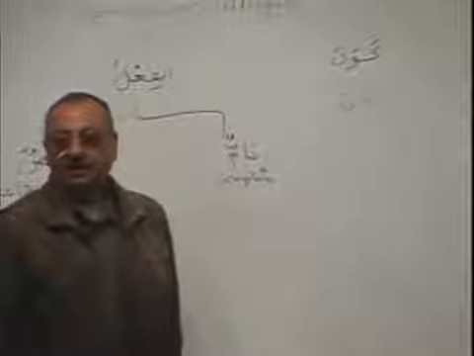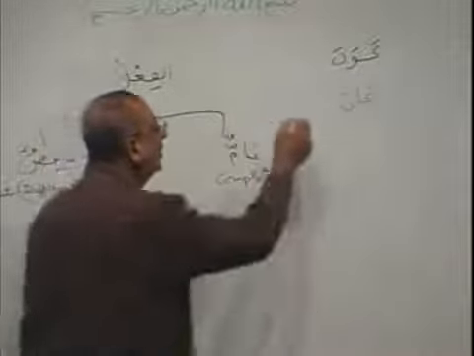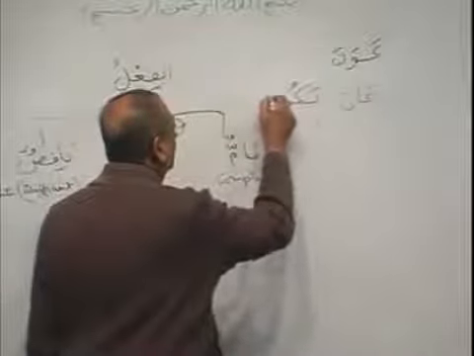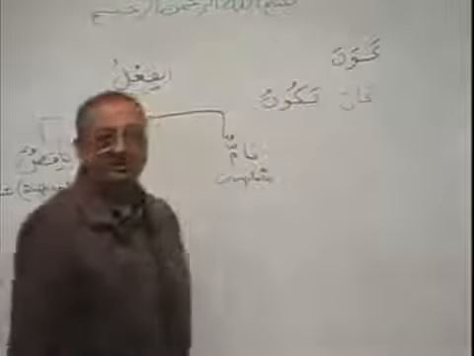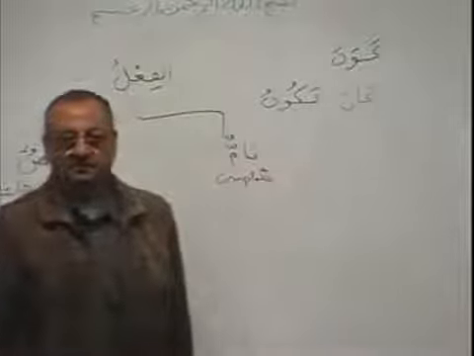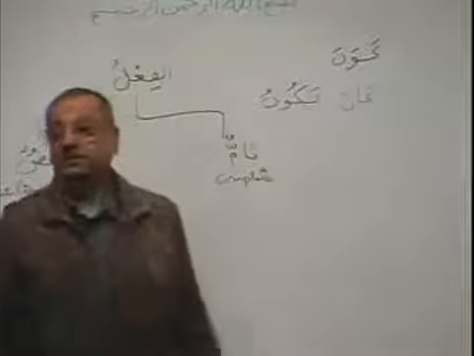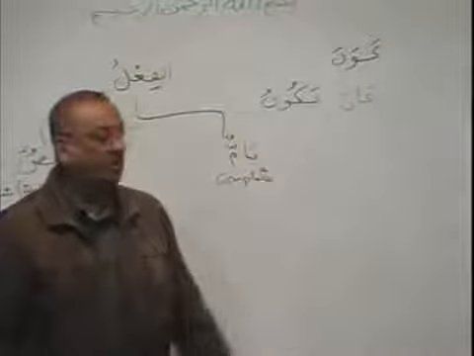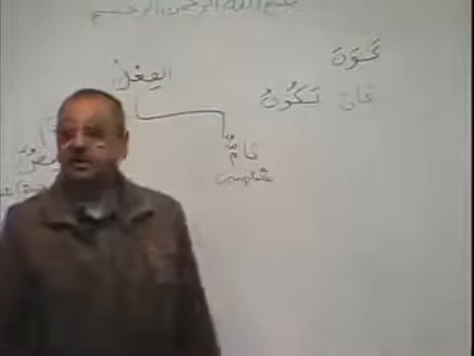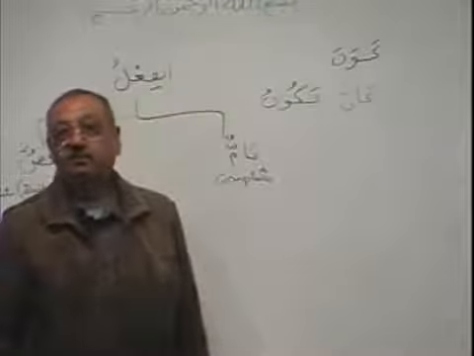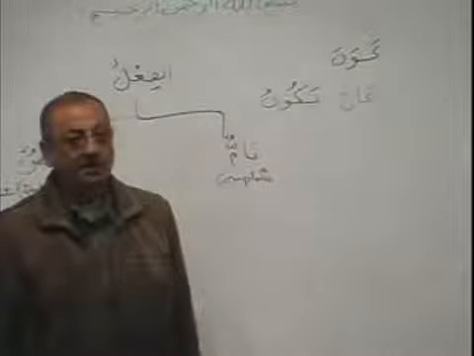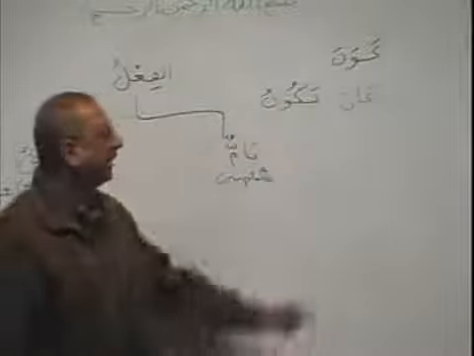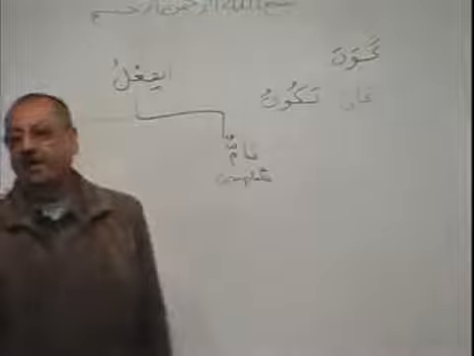What is the mudari'? Yakunu. Are you with me, brothers and sisters? Now, this is a weak verb because in the middle there is a waw which changes into alif. So the conjugation will not be normal. We can only go up to 5.